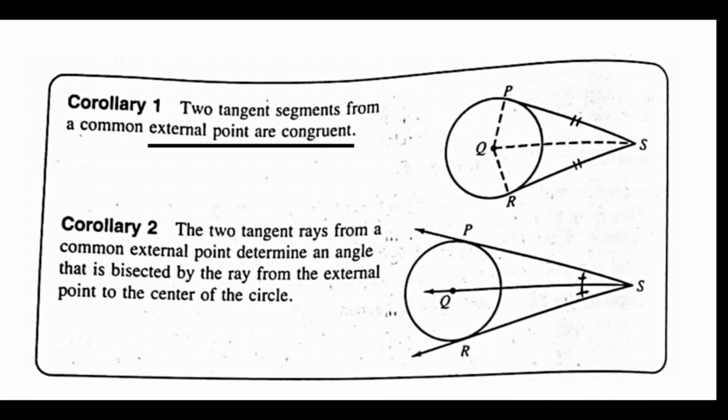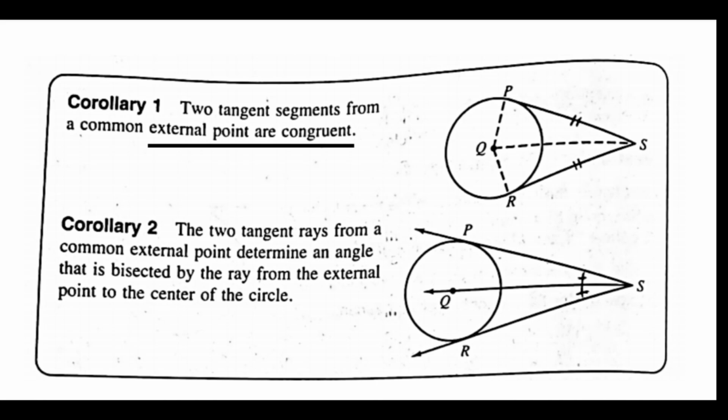We can see here in the figure, we have here circle Q and segment PS and segment RS. So according to corollary 1, we have here the common external point S, and segment PS and segment RS are congruent. Next, we have corollary 2.